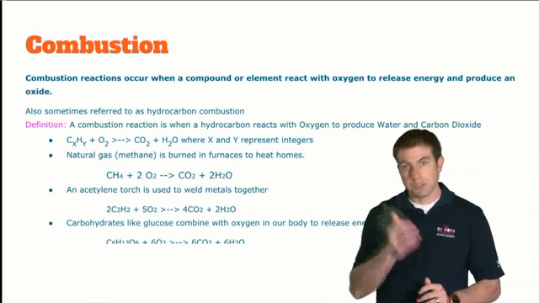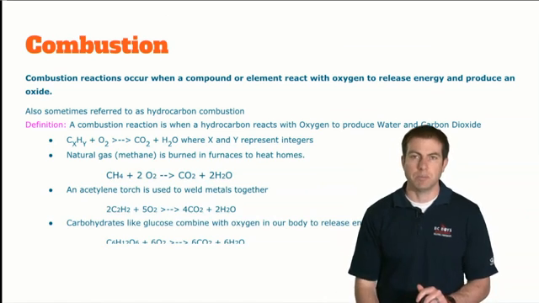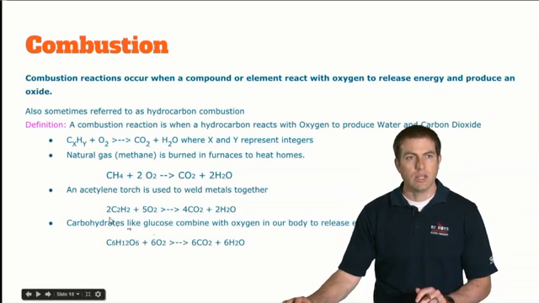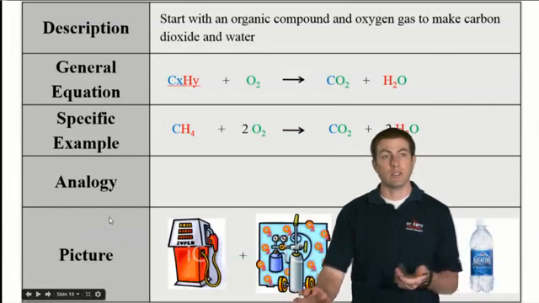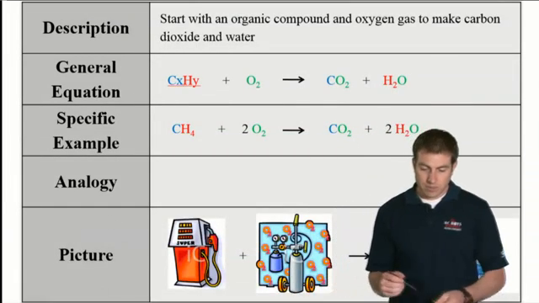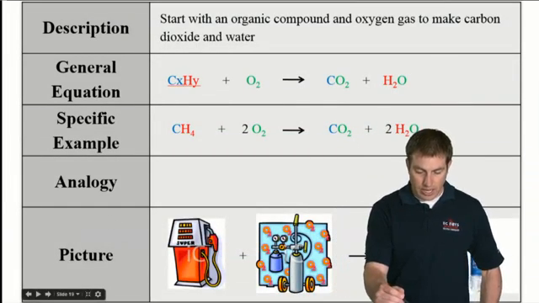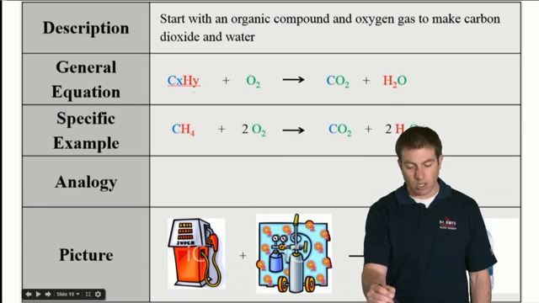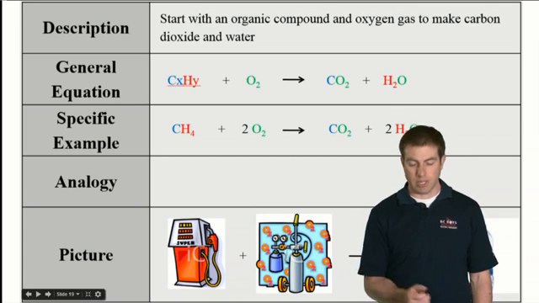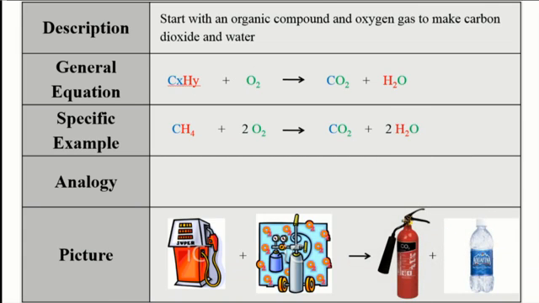But if it has a hydrocarbon and oxygen, then you know it's going to be a combustion type reaction. So not another type of double replacement because these are all covalently bonded. You're going to have C something, so the X is just replacing a number, and H something. If you have a hydrocarbon, C and H, and oxygen gas, you know you're going to produce carbon dioxide and water. Specific example, CH4 methane gas plus oxygen produces carbon dioxide and water.